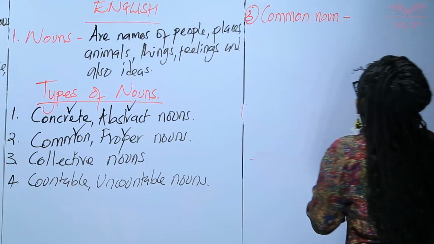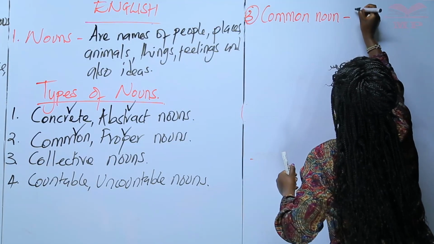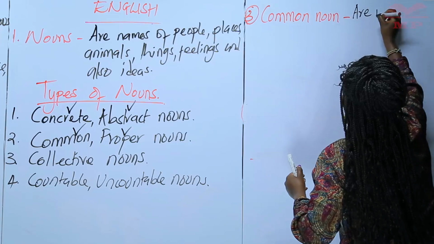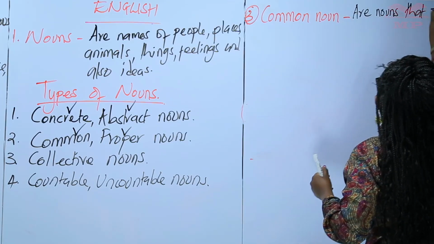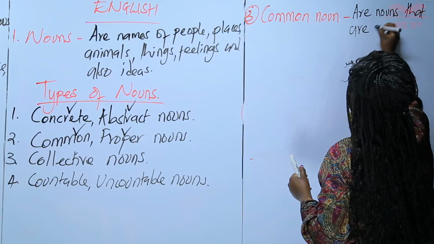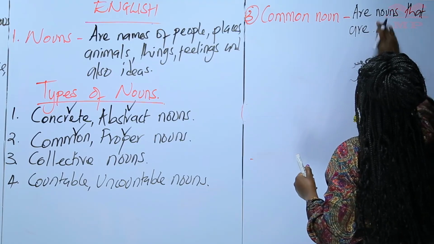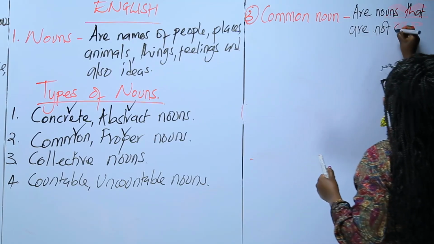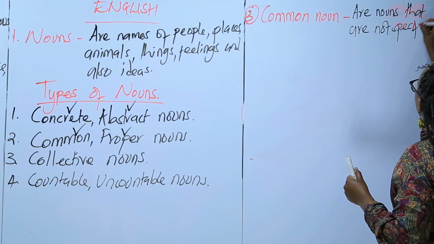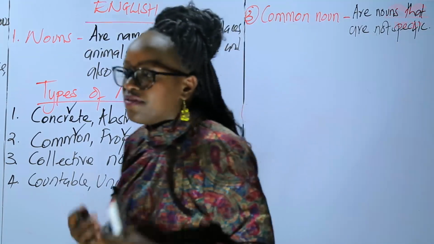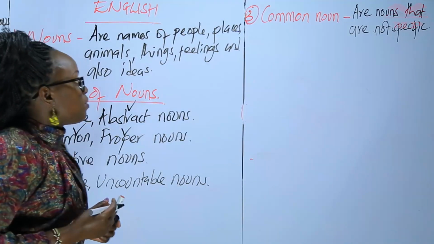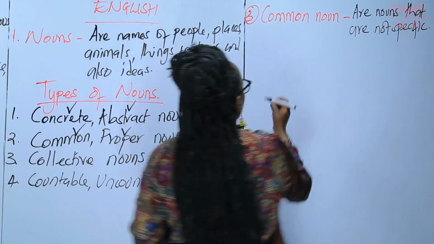So I've said common nouns are nouns that are not specific, meaning that they are not specified. I'm going to give an example.